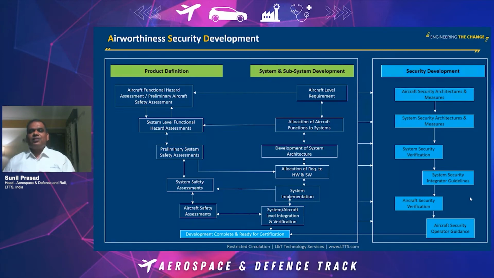And similarly, aircraft level installation security guidance has to be given out there like a manual. In addition to how you install, you'll have to also take care of how you will install the same securely, and what are the vulnerabilities you need to take care of, right?